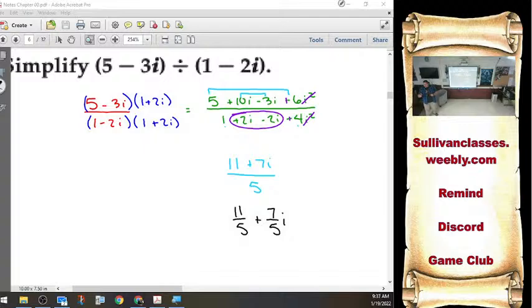Getting warmer. Because they're both being divided by 5. I have a real part and an imaginary part. They're complex numbers. That's the form of a complex number. a plus bi, real part plus imaginary part, is how you write complex numbers.